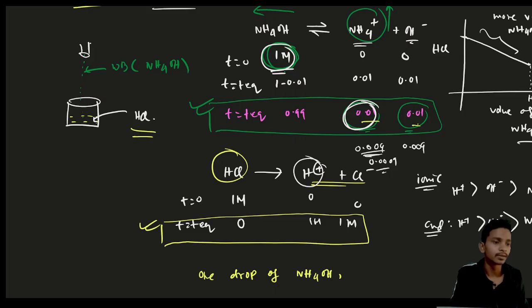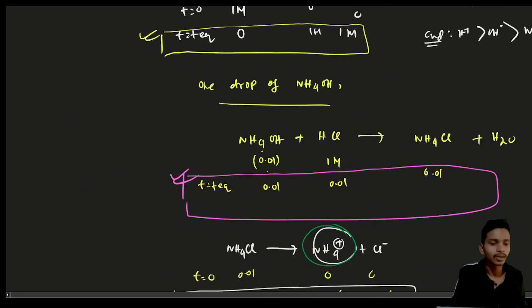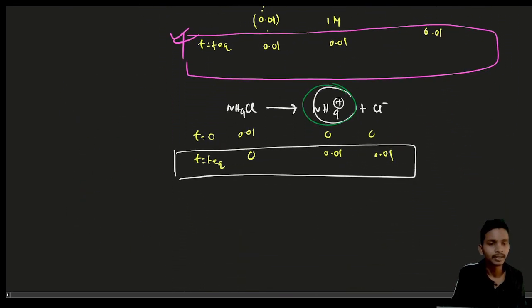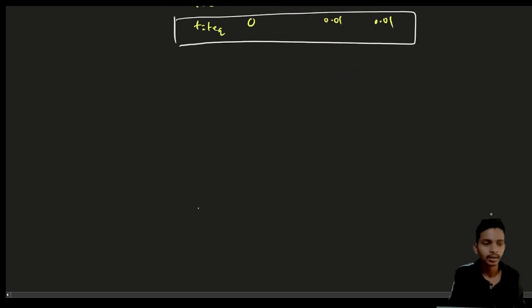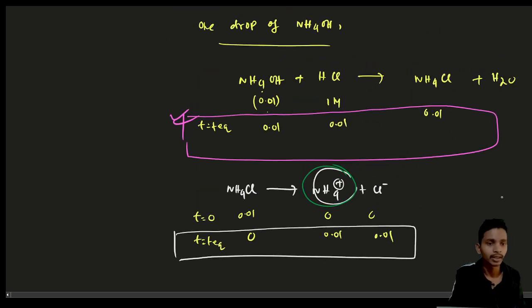HCl is finished. So now in the solution, what is there? If HCl is finished, then after reacting with HCl, NH4Cl is prepared and water is there.